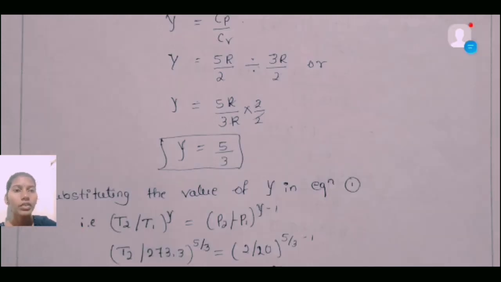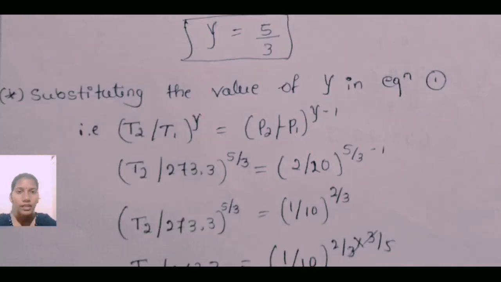Then gamma becomes 5 divided by 3. Substituting the value of gamma in equation number 1, T2 divided by 273.3 raised to 5 divided by 3 is equal to 2 divided by 20 to the power of (5 divided by 3 minus 1). T2 divided by 273.3 raised to 5 divided by 3 is equal to 1 by 10 raised to 2 divided by 3.